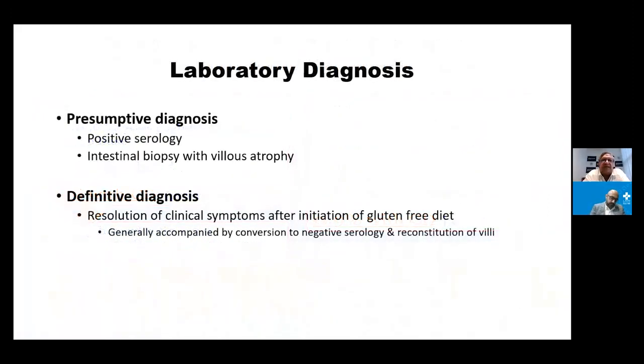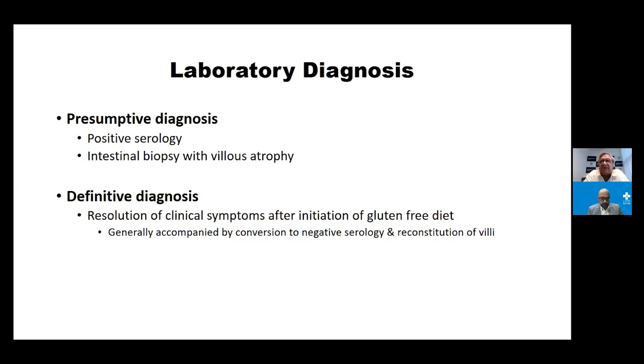So what would be the right diagnosis for celiac disease? A presumptive diagnosis is based on positive serology. It's been suggested that confirmation must be made by intestinal biopsy indicating villus atrophy.